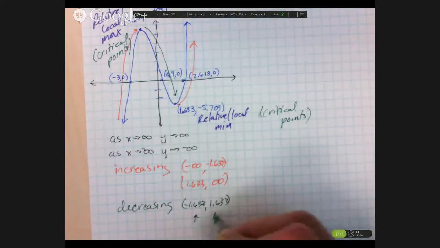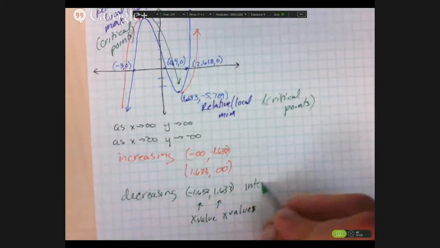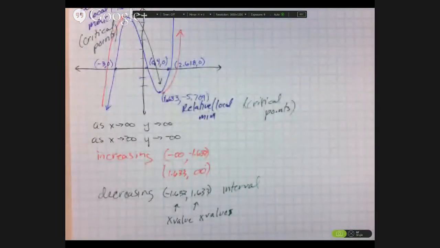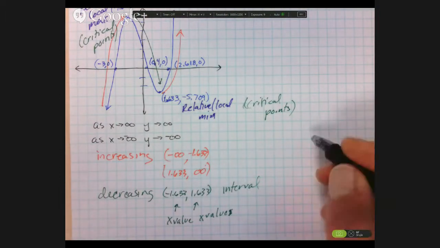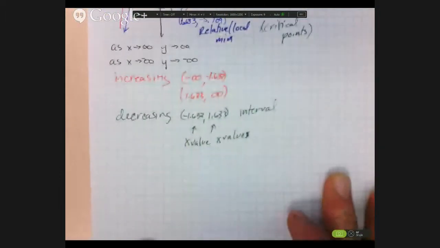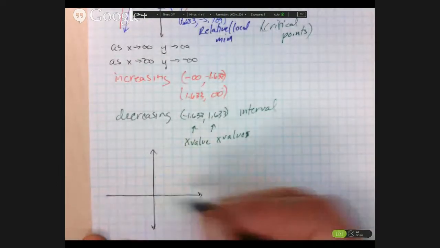Those are both x values. This is an interval, not a coordinate. I'm going to do this one really quickly just to illustrate.